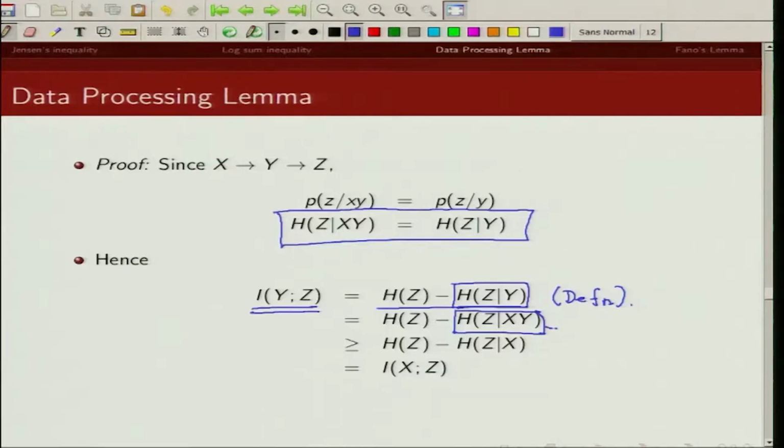Okay, so this line follows from the Markov process.